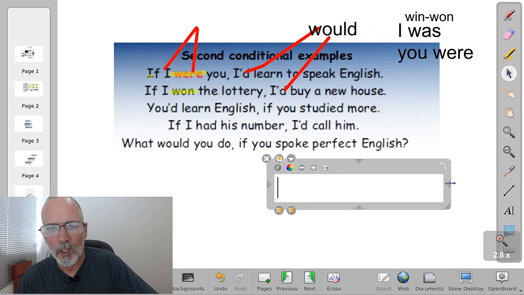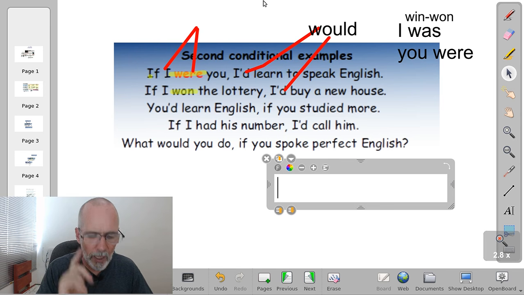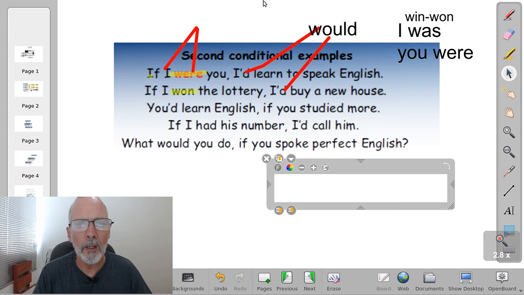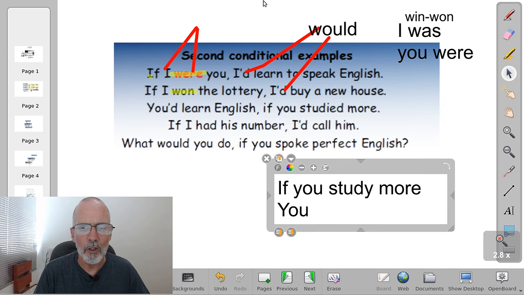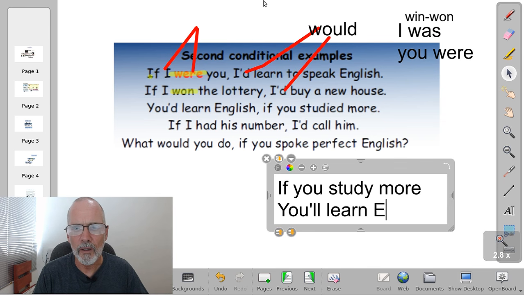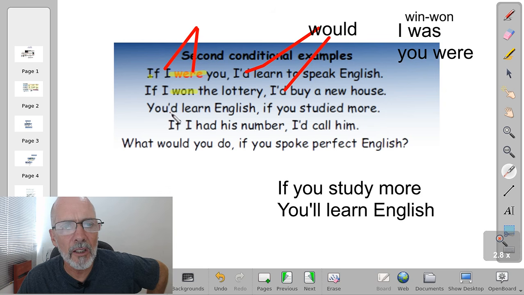If you're a person who is really going to study, and there's a real possibility that you will study, I would say, if you study more, you'll learn English, in the first conditional. But here, this is for a person who probably isn't going to study. If you studied more, you'd learn English. This is imaginary and this is real.